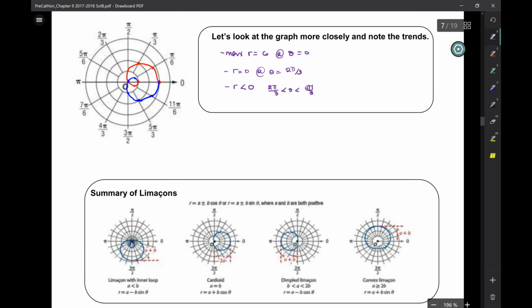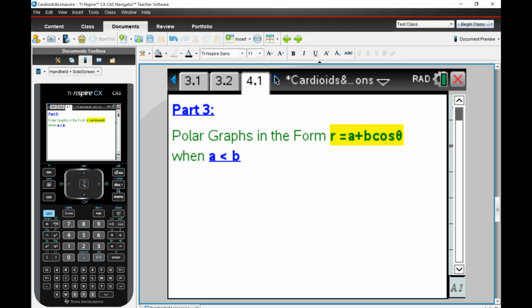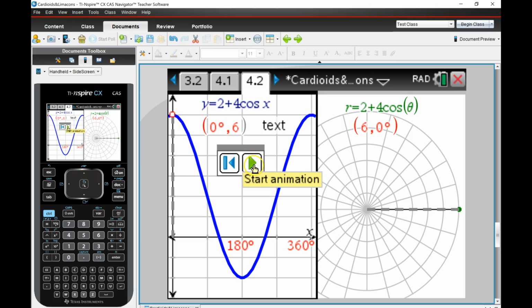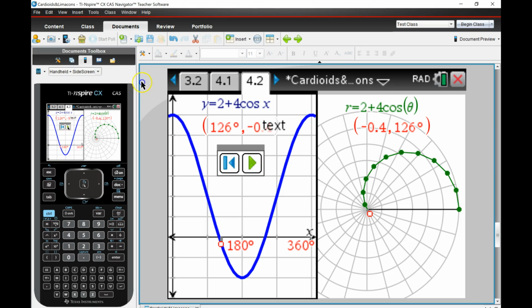So if I were to show you that animation, look at what it looks like. This is the case when A is less than B. So look. Here it's 0, and then it's going to curl inside.